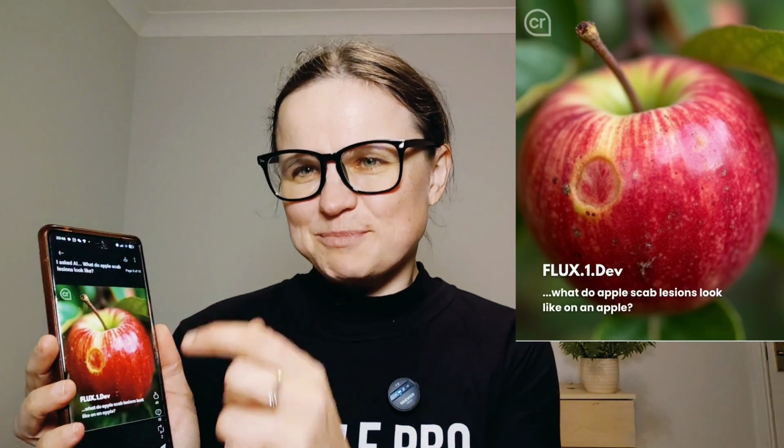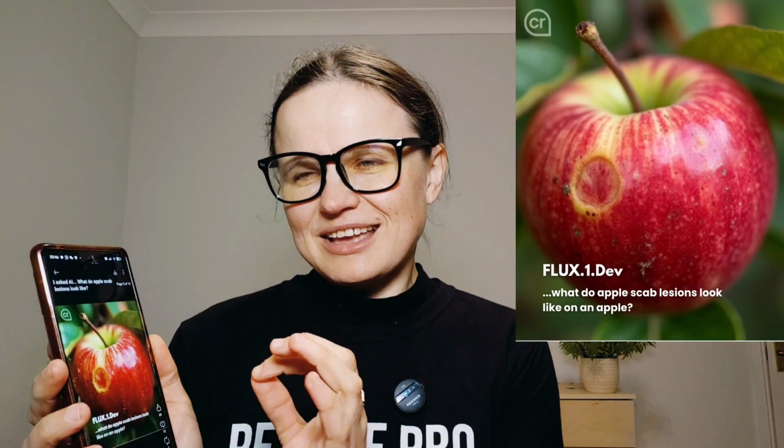The prompt was clearly read, and we see the lesion, this spot of disease, but probably the model does not even know what scab is at all. And that's why we see this one.